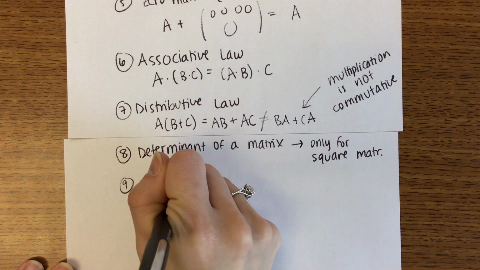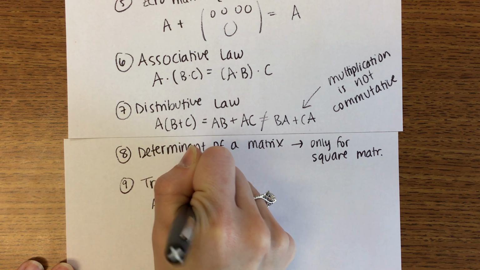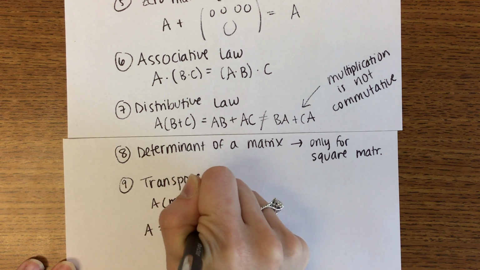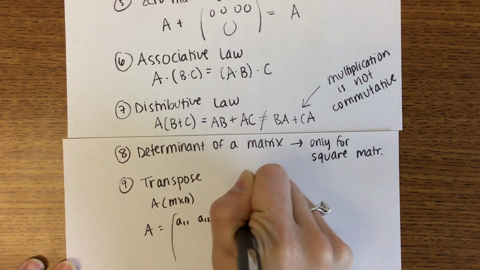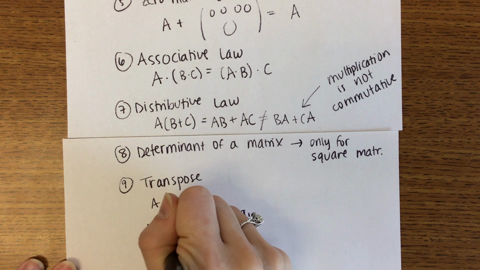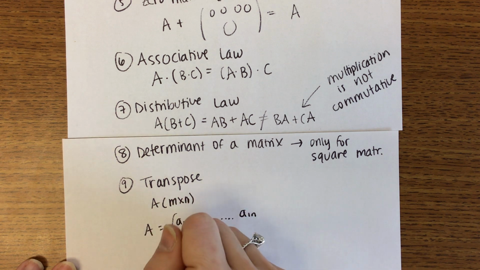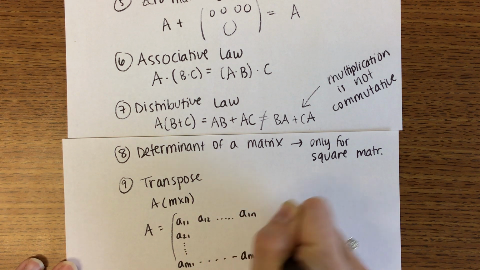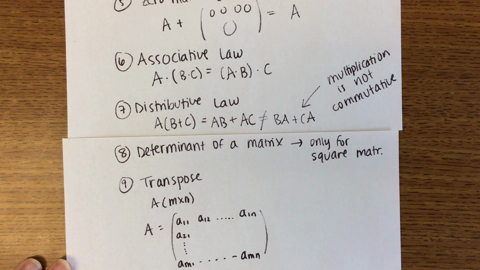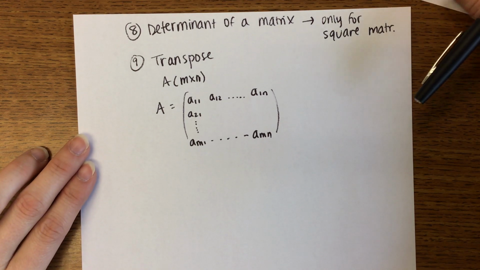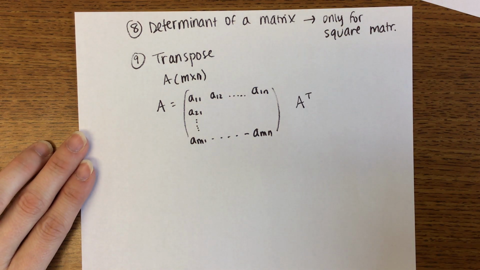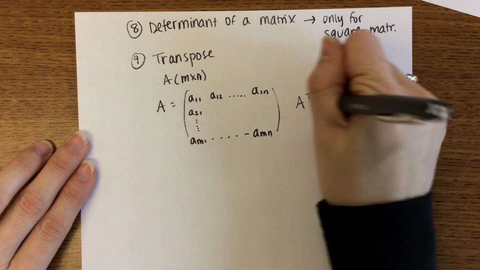Okay, so let's say that we have some matrix A, which is m by n. And our A is something like this: A11, A12, all the way up to A1n. This is A21, all the way up to AM1, all the way up to AMN. Transpose is labeled like that.